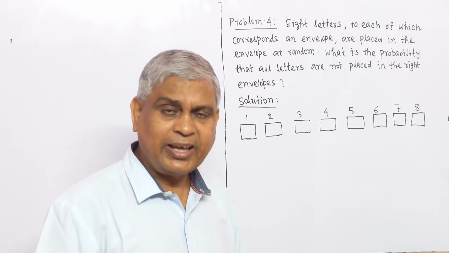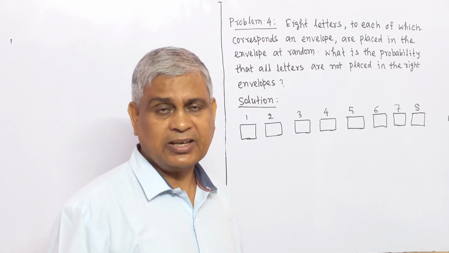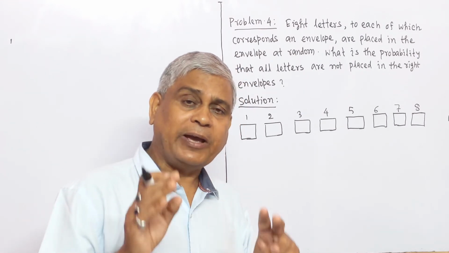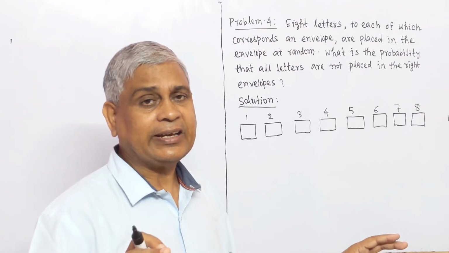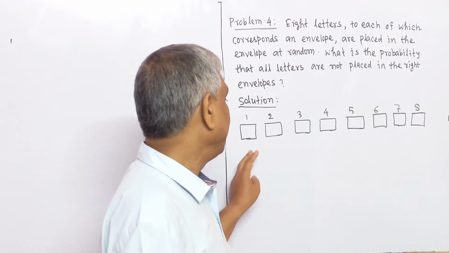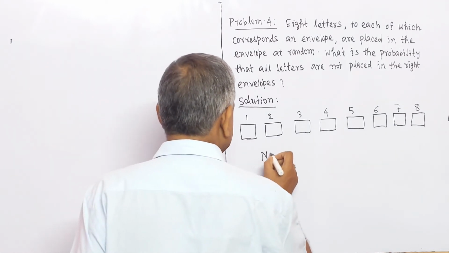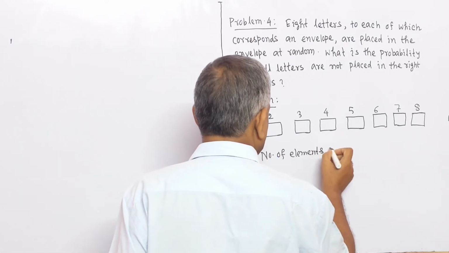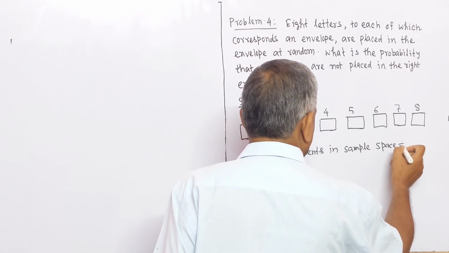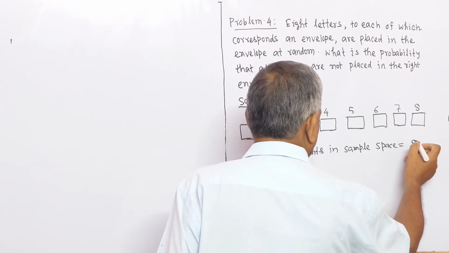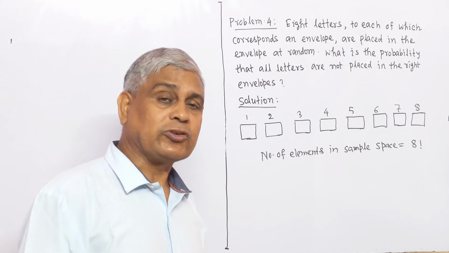So firstly we have to find the number of elements in sample space. To find the number of elements in sample space is rearrange 8 letters in 8 places. So number of elements in sample space equal to factorial 8. One process is the correct process.